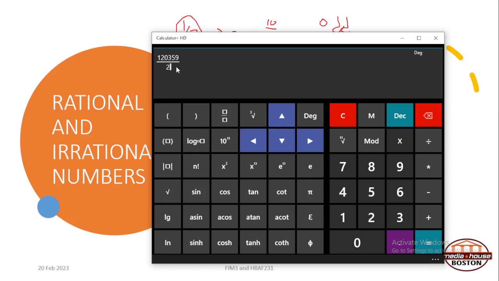What you look at first is whether the top number is odd or even. You look at the last digit. So the last digit will determine it: 1, 3, 5, 7 or 9.